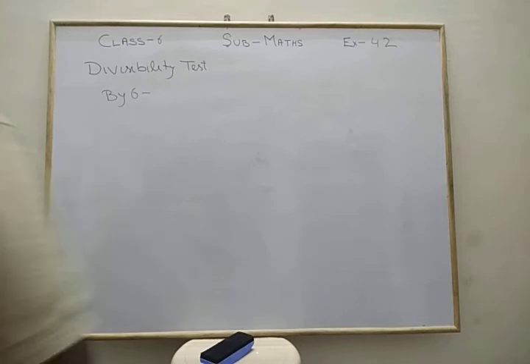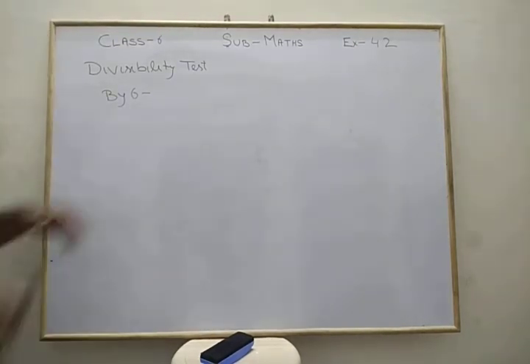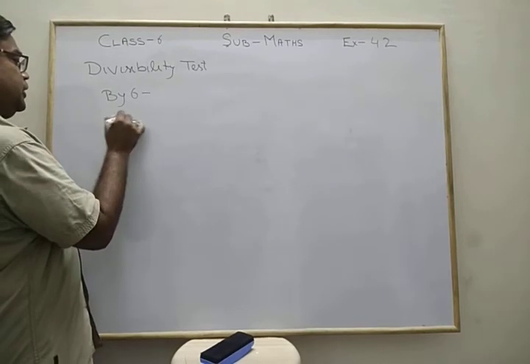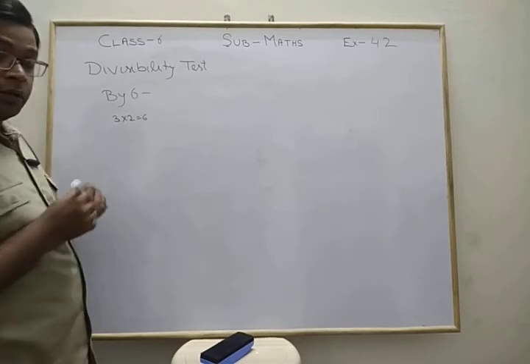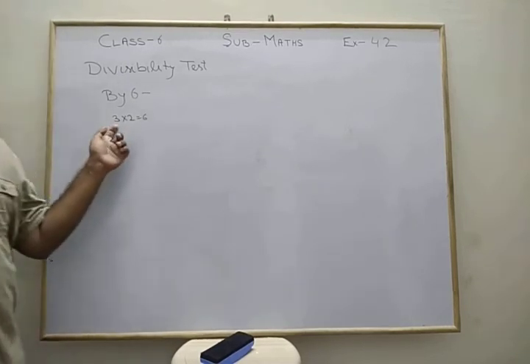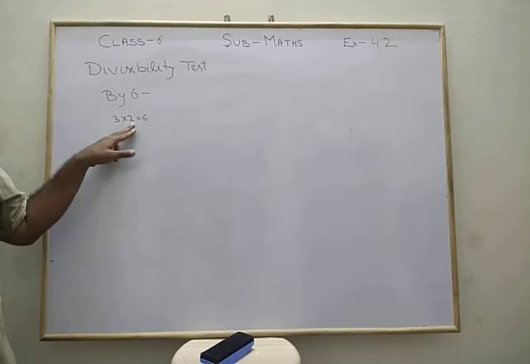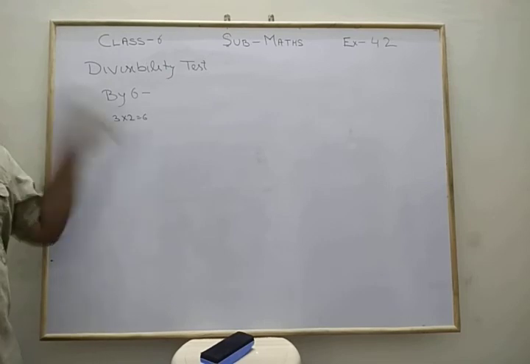By 6. How do we find this by 6? It's the simplest one because we know that the factors of 6 are 3 into 2 equals 6. So if a number is divisible by 3 as well as 2, or in reverse order, divisible by 2 as well as 3, then the number is also divisible by 6.